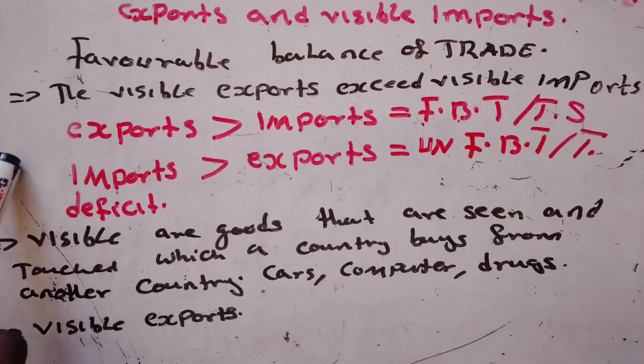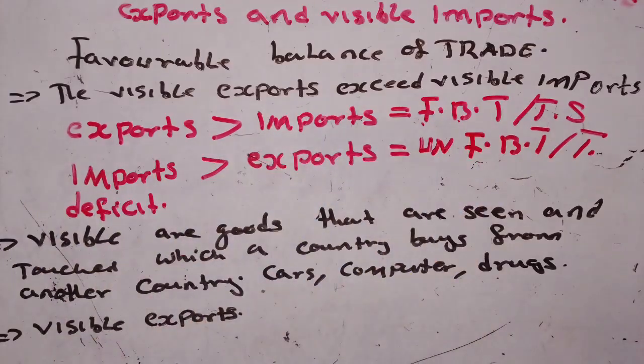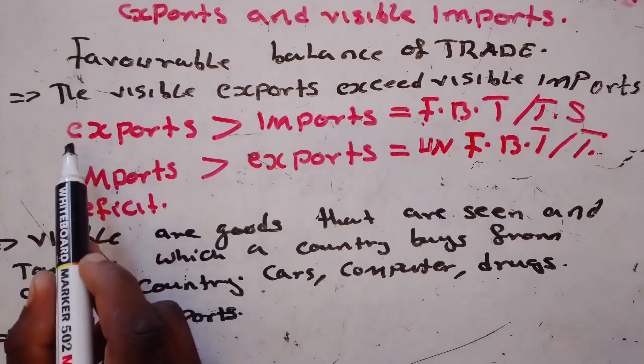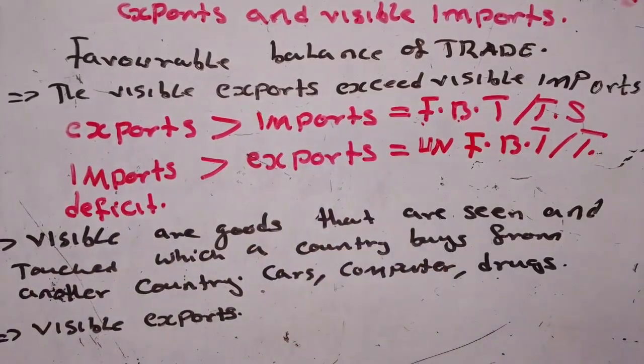We can summarize it like this: a country's balance of trade is said to be favorable when there is a trade surplus in favor of the country. This situation is visible when the visible exports of a country exceed the visible imports, like we wrote here. Exports are greater than imports.